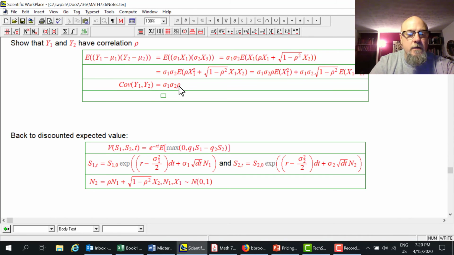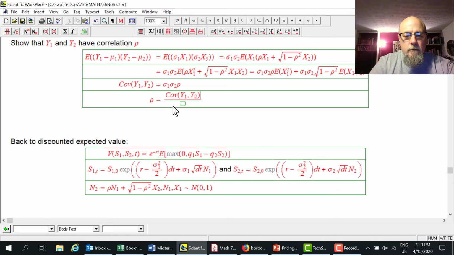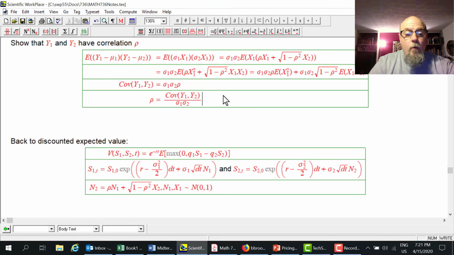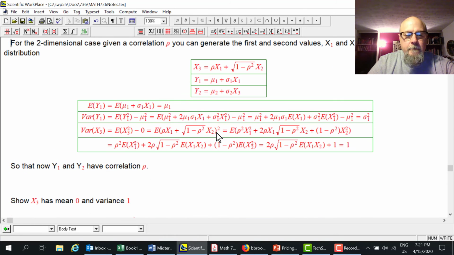The correlation is equal to the covariance divided by those two sigmas. So we get our target covariance. The y's have our target covariance. All right, so all of this is proving that our technique works.